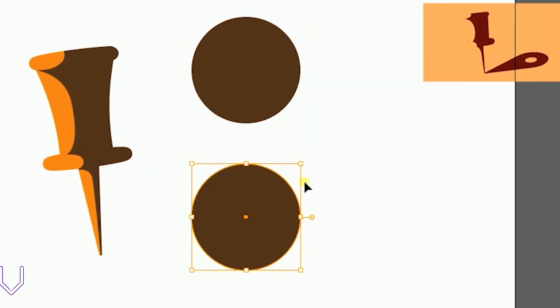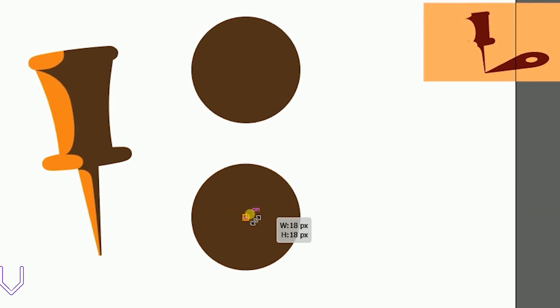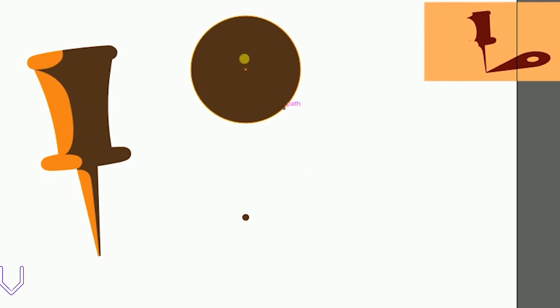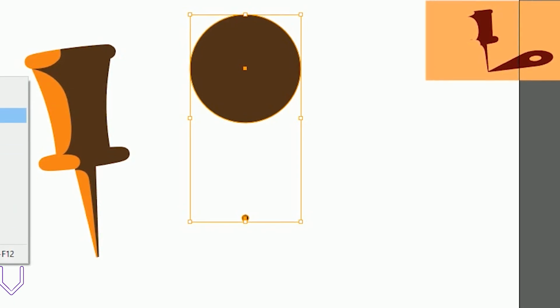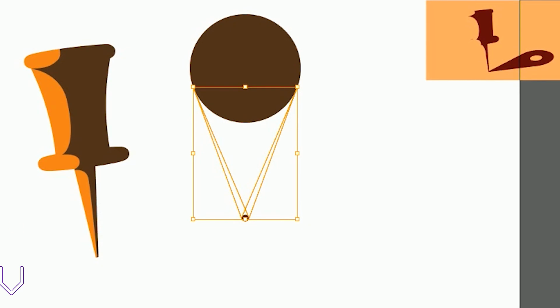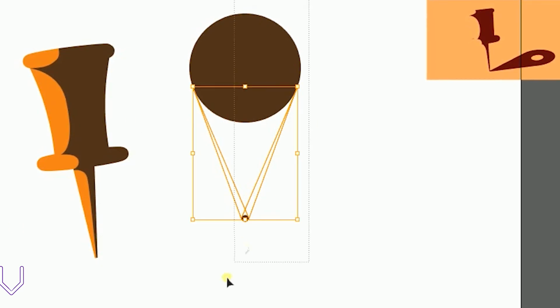Then create a duplicate and reduce the size to, let's say, 20 pixels. Align them both to the middle. Let's go to File, Scripts, Common Tangent. Let's create common tangents with both circles.